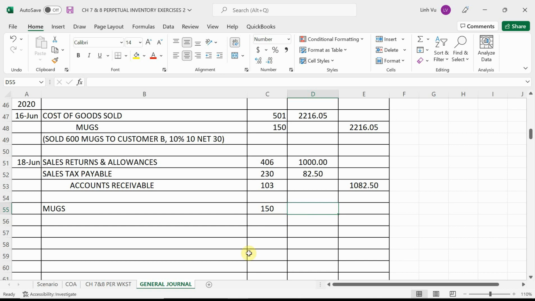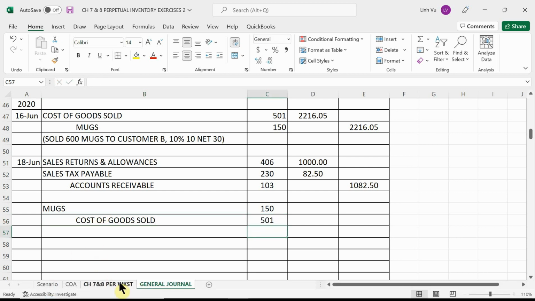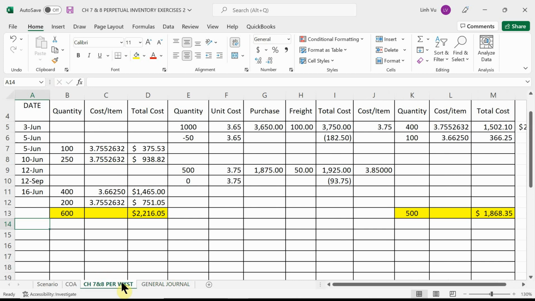We also need to reverse the cost of goods sold. Yes, because in this case, it's as if we never sold it in the first place. Cost of goods sold. So we need to figure out how much that's going to be, because we have to look at our inventory worksheet.